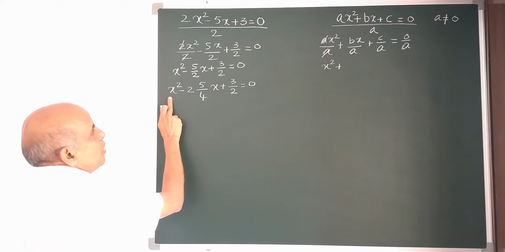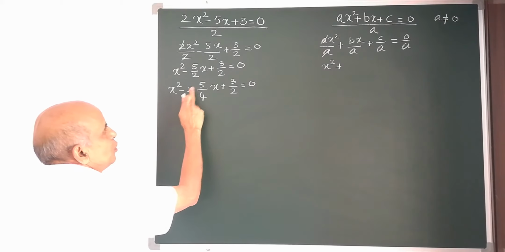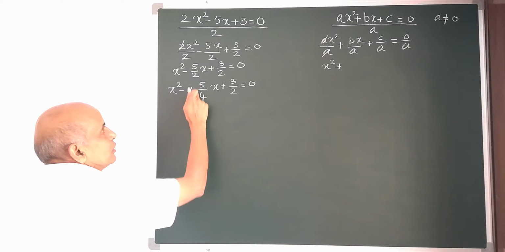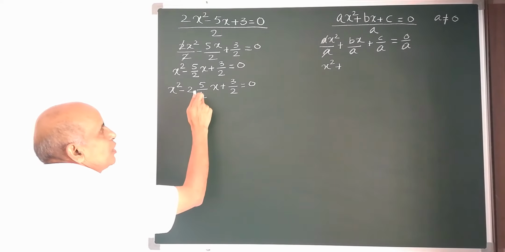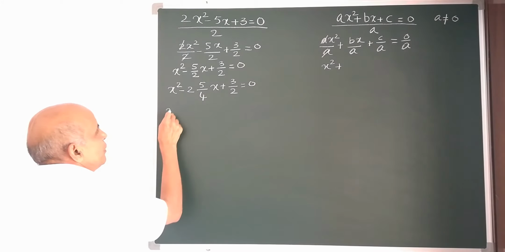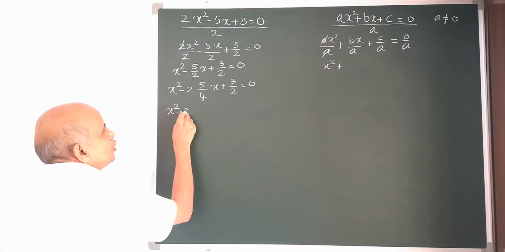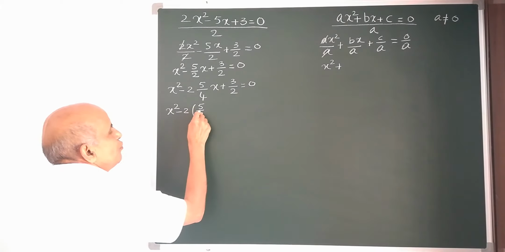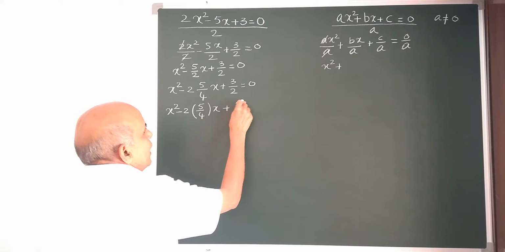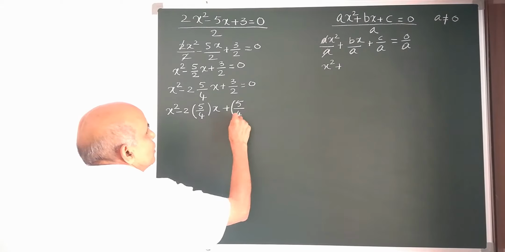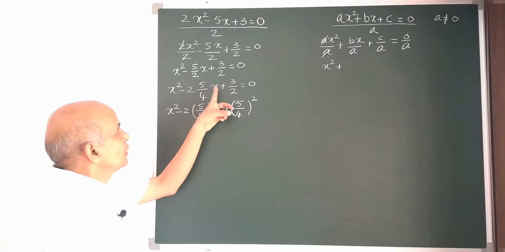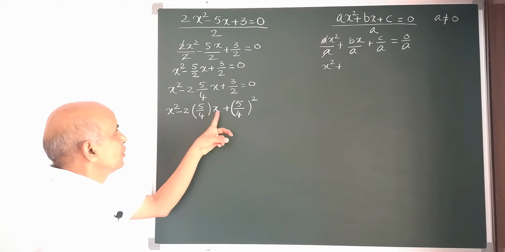Now, this is in the form of a square plus 2ab. So, in order to complete this square, this b square we should add, that is 5 by 4 whole square should be added on both sides. So, this becomes x square minus 2 into 5 by 4 x plus the b square term we are adding, that b square term is 5 by 4 whole square, because this is 2ab.